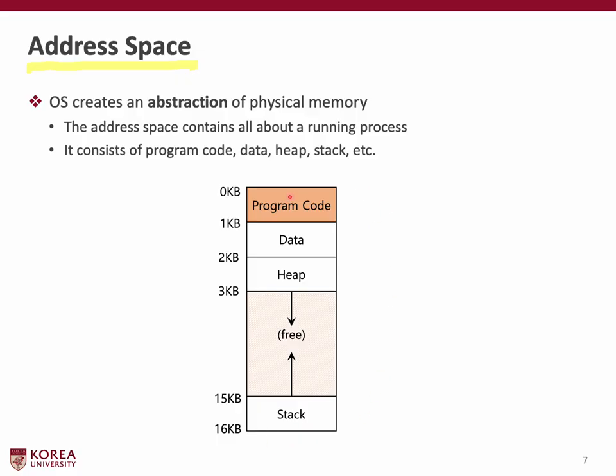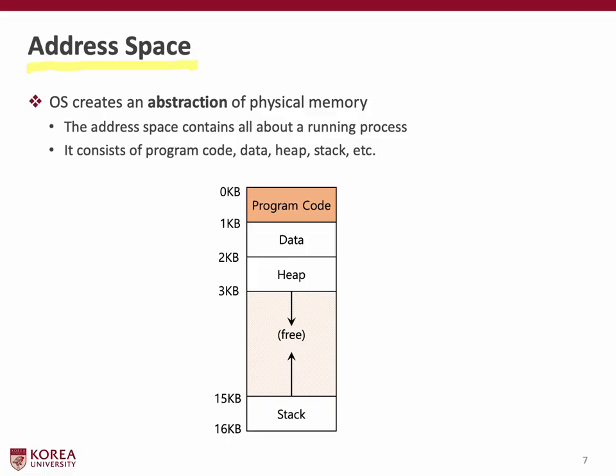This figure shows the address space of one running process, and as you can see, this space contains everything related to the running process, and it consists of several memory sections such as program code, data, heap, and stack.